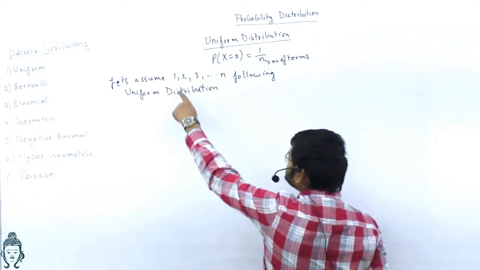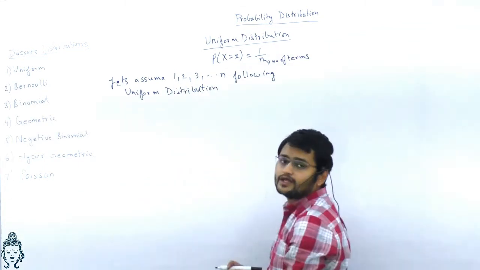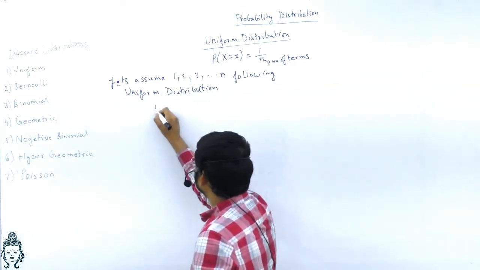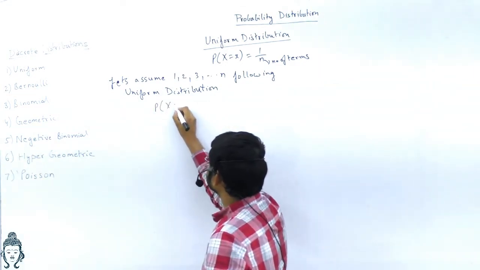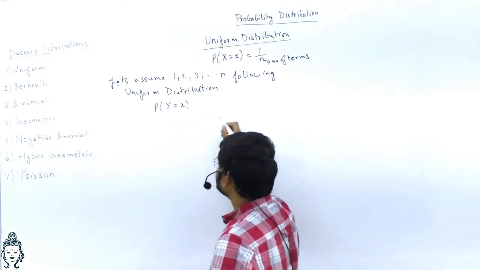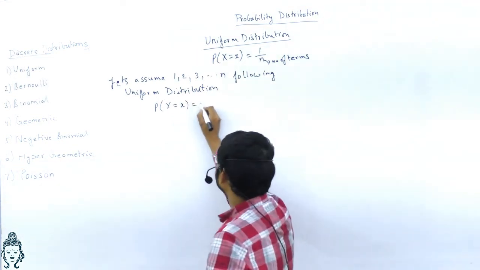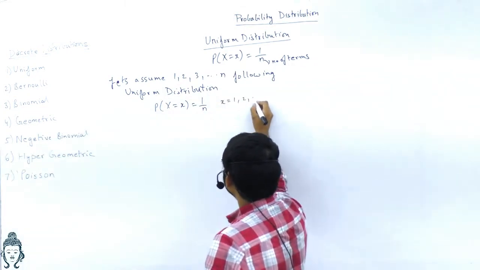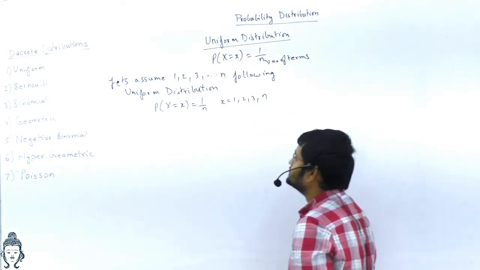Now we have assumed that these values 1 to n are following uniform distribution. So the probability of x being any of these values will be equal to 1 by n, where the value of x is nothing but 1, 2, 3 till n.